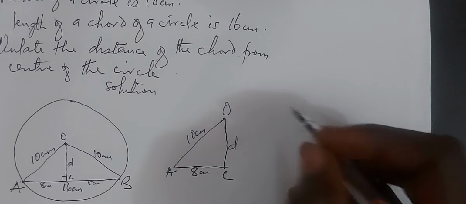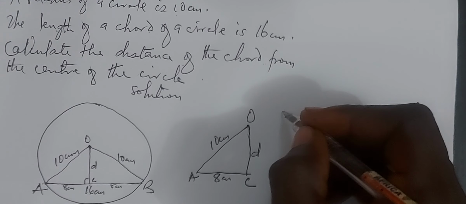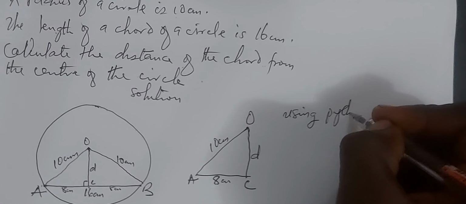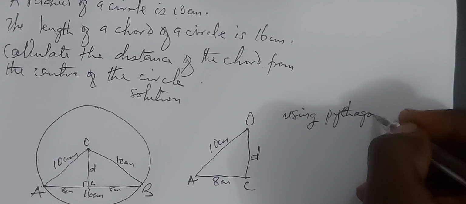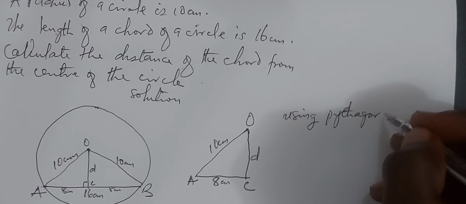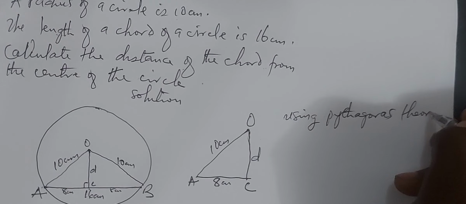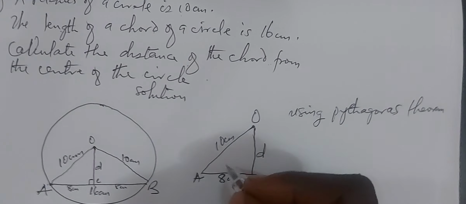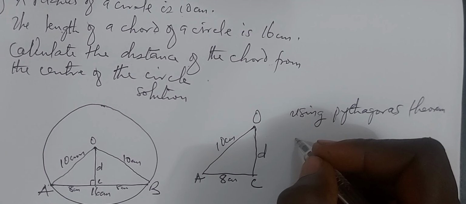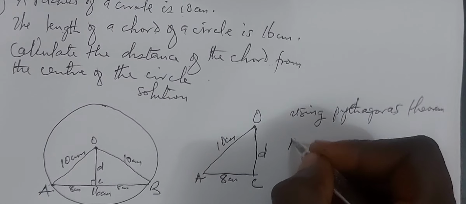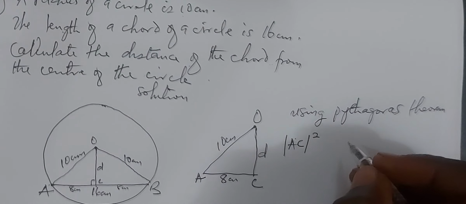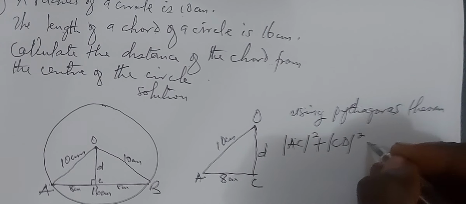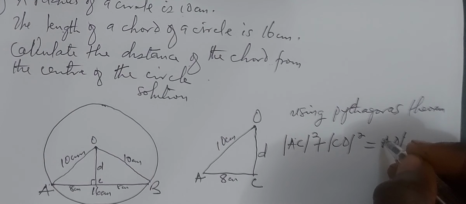Using normal mathematics, which is Pythagoras theorem, we can now say AC square plus CO square is equals to AO square.